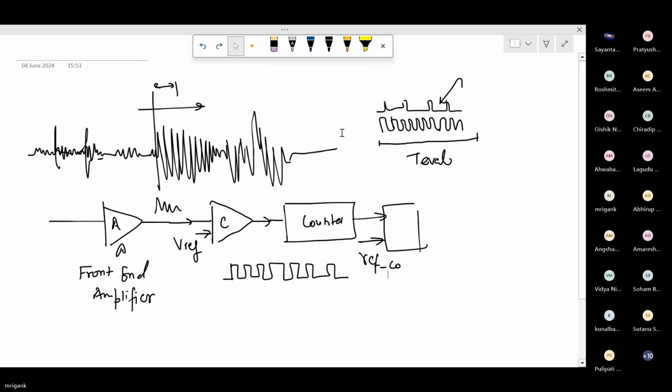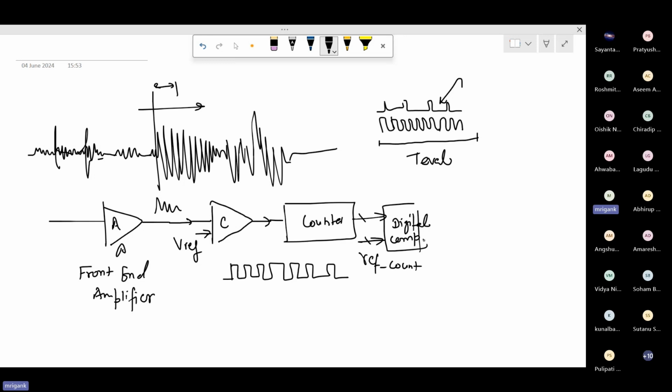Yes, sir. So here you need to compare that counter output with a reference count. Sir, can we use a VCO? Since we have a voltage regulating, we can use some voltage controlled oscillator, right? If the frequency of the oscillator is quite high, then we can say that there's a seizure. That can be done. So frequency of what is high?